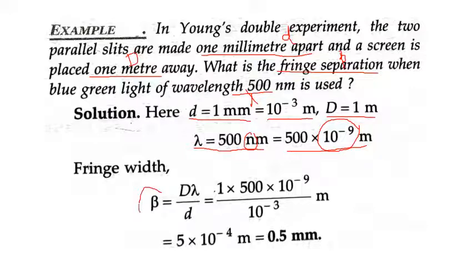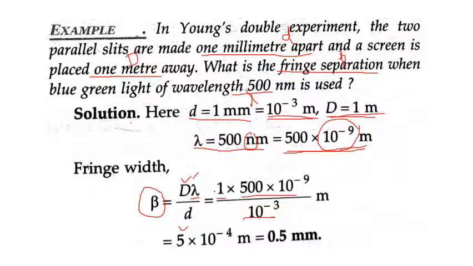So fringe width beta equals D lambda by small d. Capital D they have given, it is 1 meter, so I'll write down 1 here. Lambda is 500 times 10 to the power minus 9, and small d equals 10 to the power minus 3 meter.